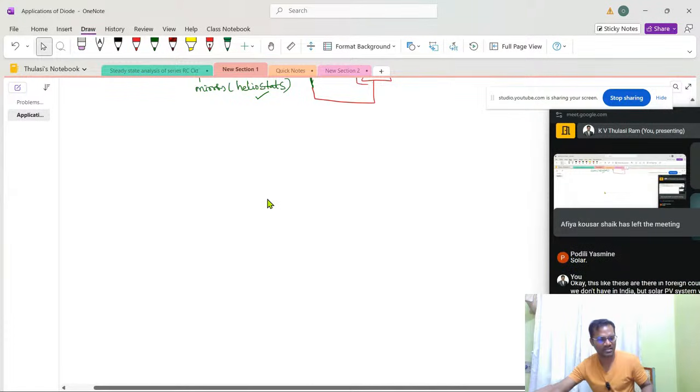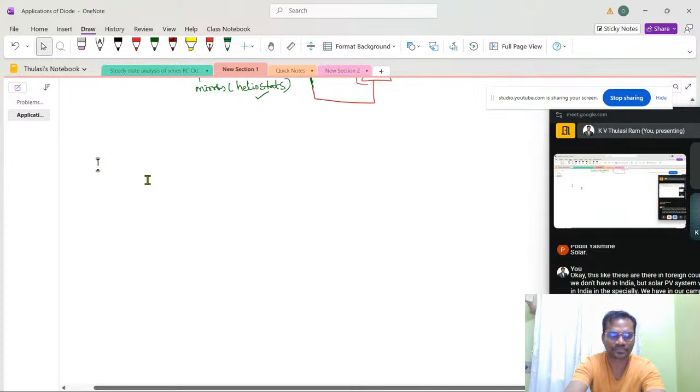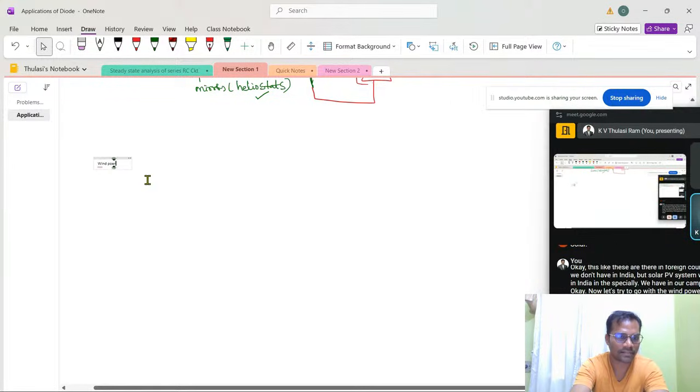Now let us go to wind power plants. Put the subheading: power generation using wind power plants.